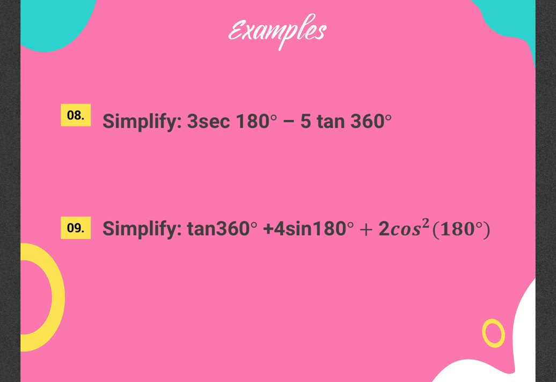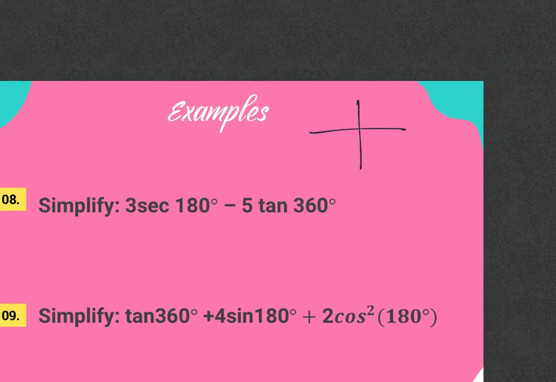To answer all of these, I would draw my x and y axis and label all the quadrants. So here's my 0 degrees, here's my 90 degrees, here's my 180 degrees, here's my 270 degrees. And then this comes back around so that 360 has the same coordinate as 0.